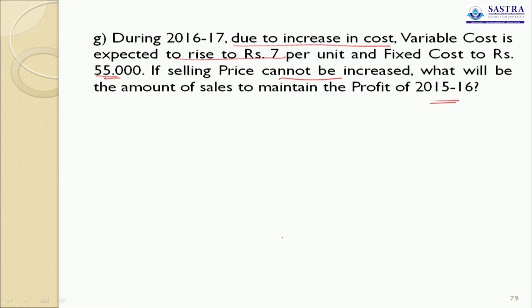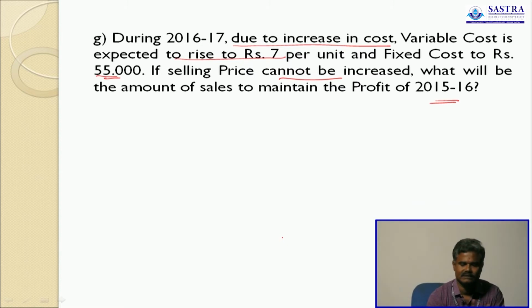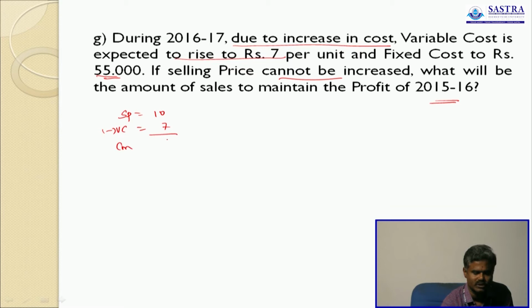This is the question, but they have given some altered or changed information due to increase in cost. Once the cost is increased, definitely it will affect the variable cost. So, variable cost is expected to rise to rupees 7. The given selling price is rupees 10. So, selling price equals 10, variable cost per unit equals 7. Now the contribution is 3. Now, you have to calculate the revised PV ratio.